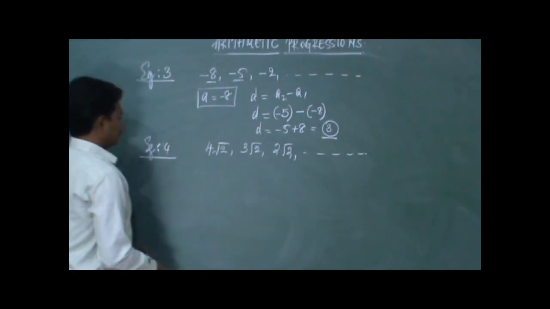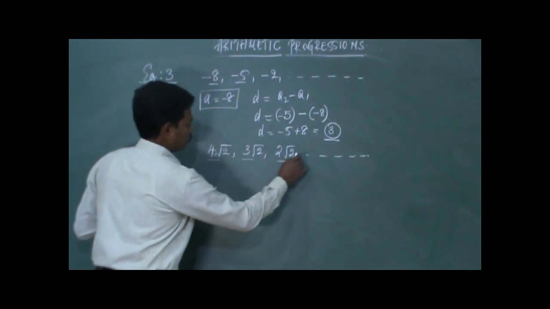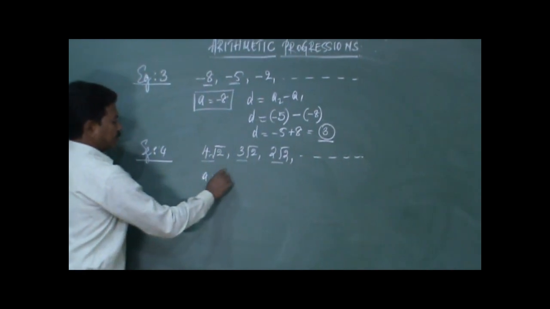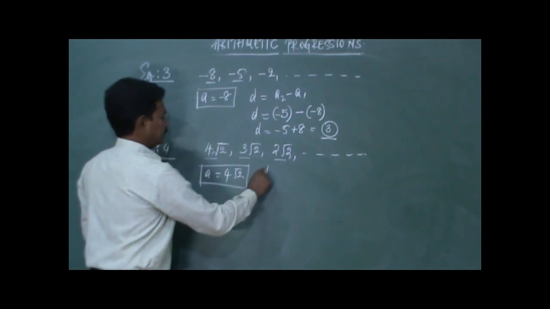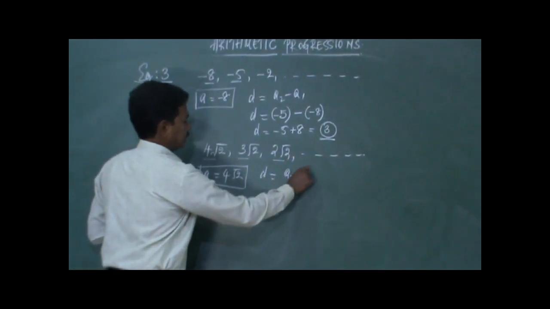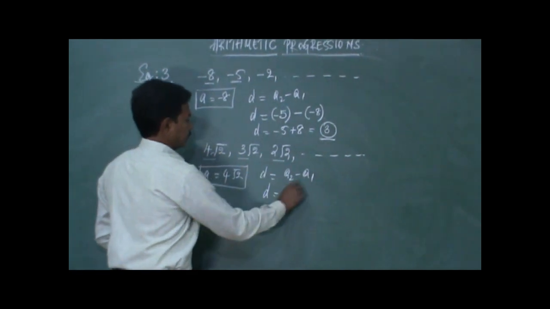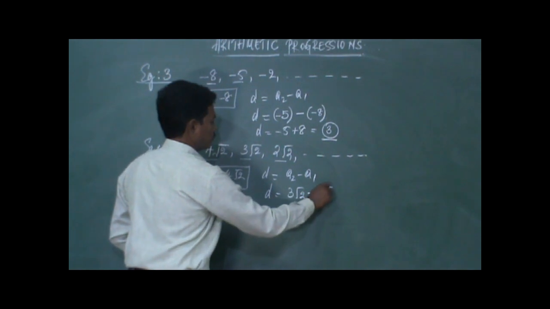So let us go with example 4. 4 root 2, 3 root 2, 2 root 2, and so on is in AP. So by instruction we can write a is equal to 4 root 2. This is one of the results. So d is equal to a2 minus a1. So d is equal to a2, which stands for 3 root 2, minus a1, which is 4 root 2.